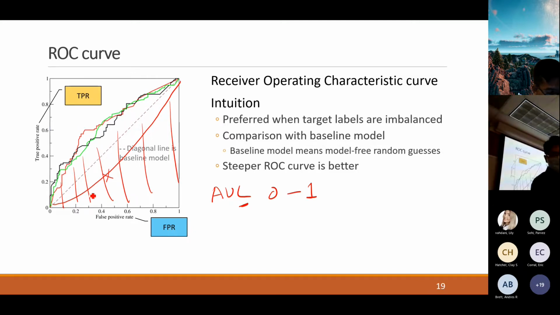That's recall. The x-axis is false positive rate. It doesn't have an alternative name. But let's think about it. Recall would be this one, right? That's recall.